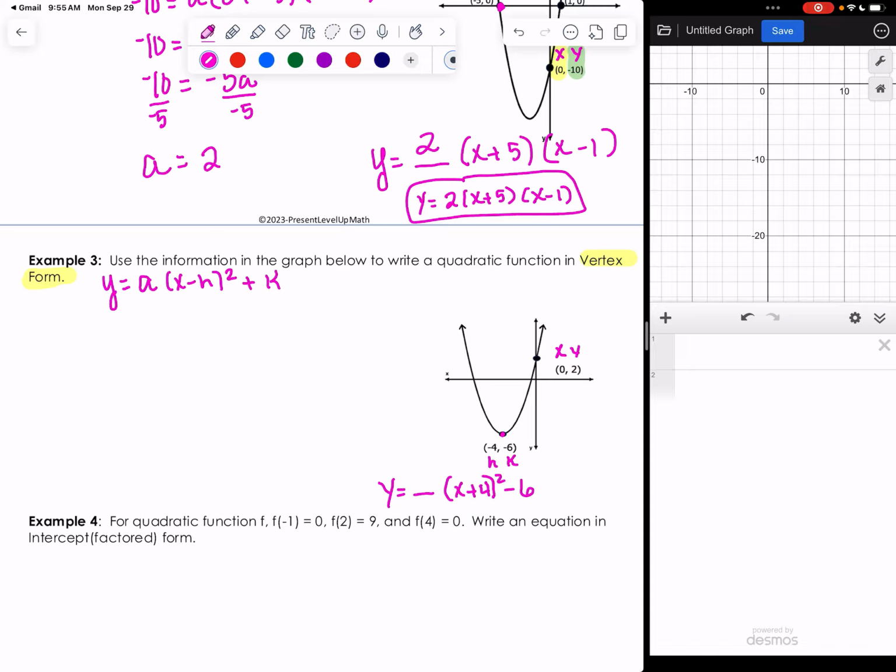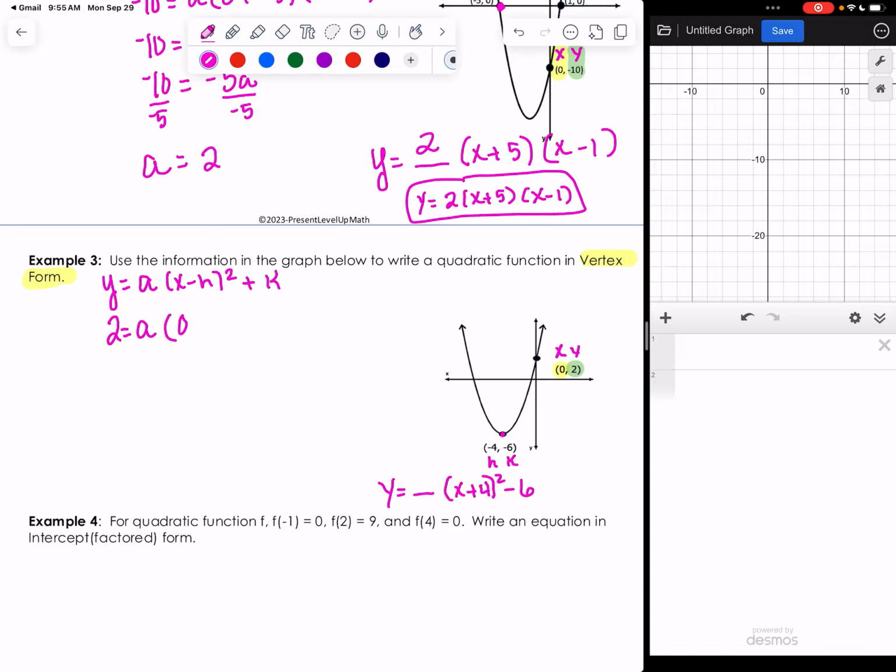So to do that, I'm going to plug in the values that we've been given. So for the y, I'm going to plug in the y value we were given, which is 2. I do not know the a value, so I'll just write down a. For the x, I'm going to plug in the x value we're given, which is 0.